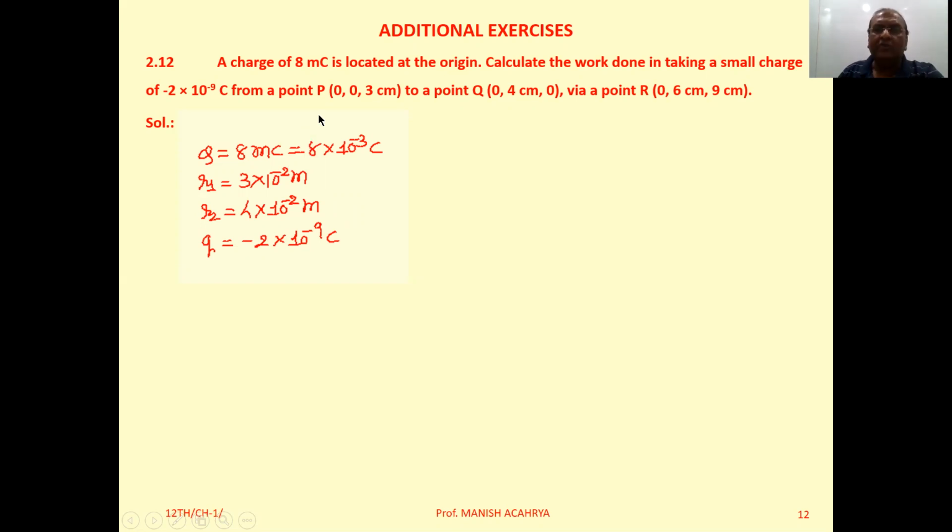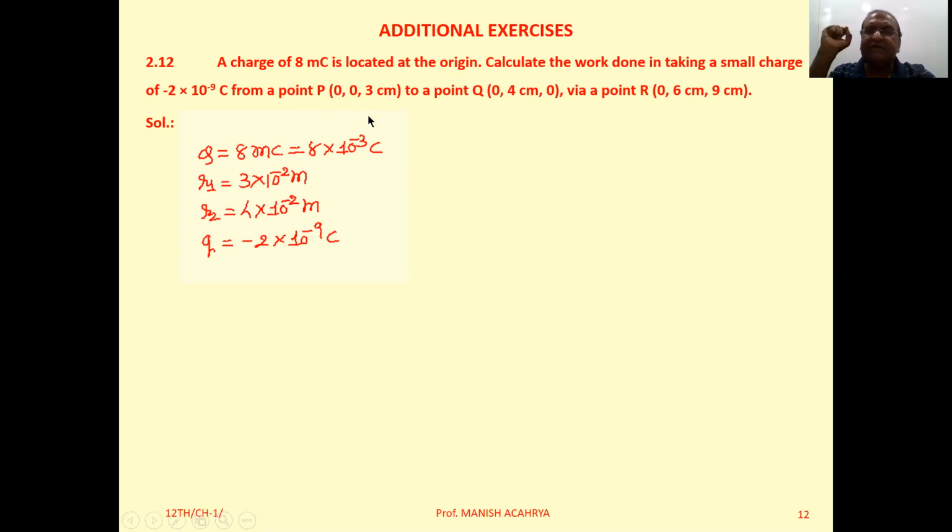Now we want to move charge small q, which is -2 × 10^-9 coulomb, from point P to point Q. And in this process, what is the total work done that we want to calculate? Okay.